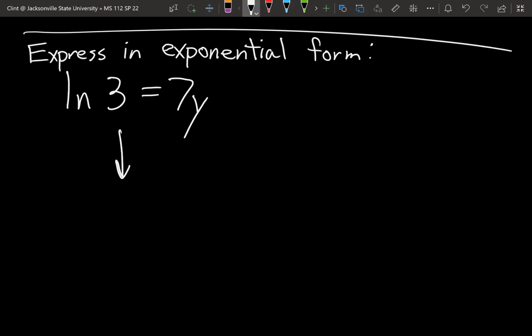So we're going to have e, that's our base, to whatever's on the other side of the equal sign. So we're going to have e to the 7y power. That's weird, but it's okay. And that's going to equal whatever was inside of the logarithm. So equals 3.